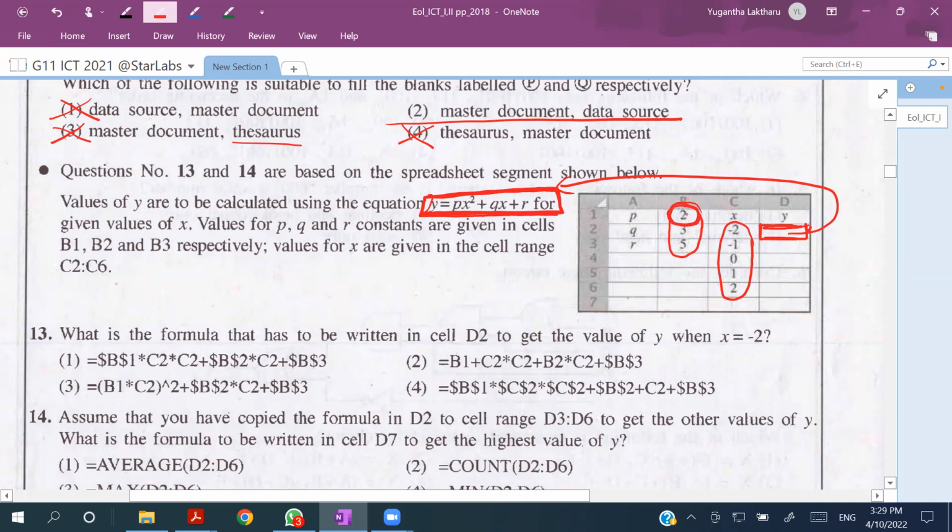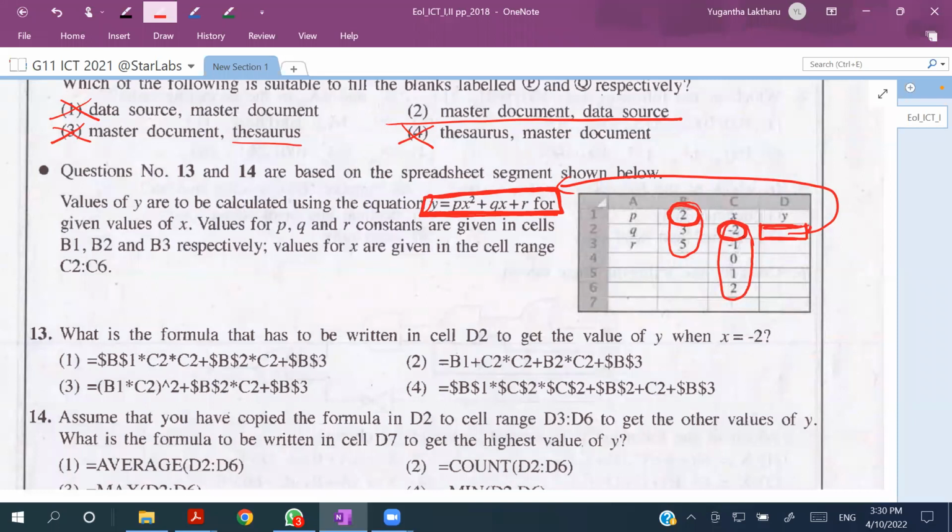So you have to take B1, right? And multiply it with the square of x. So B1 is going to be multiplied with C2, and again it needs to be multiplied with C2, right?